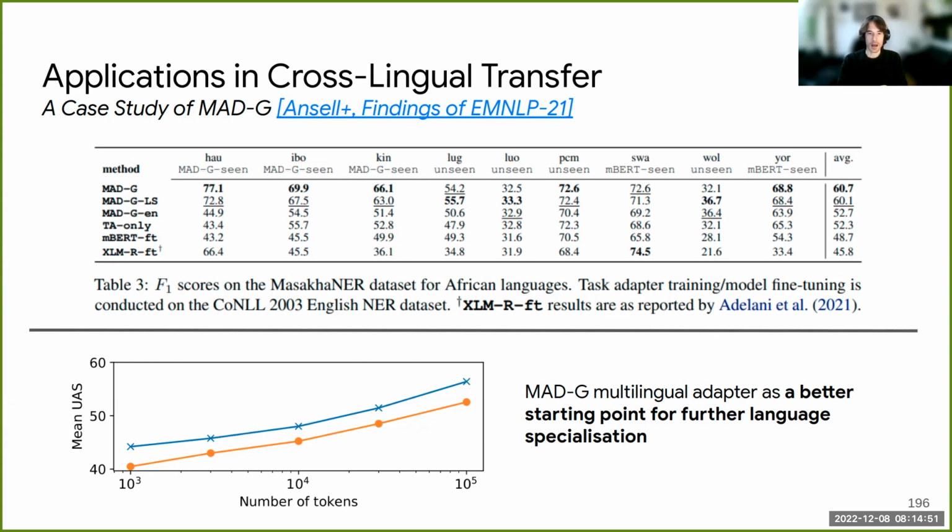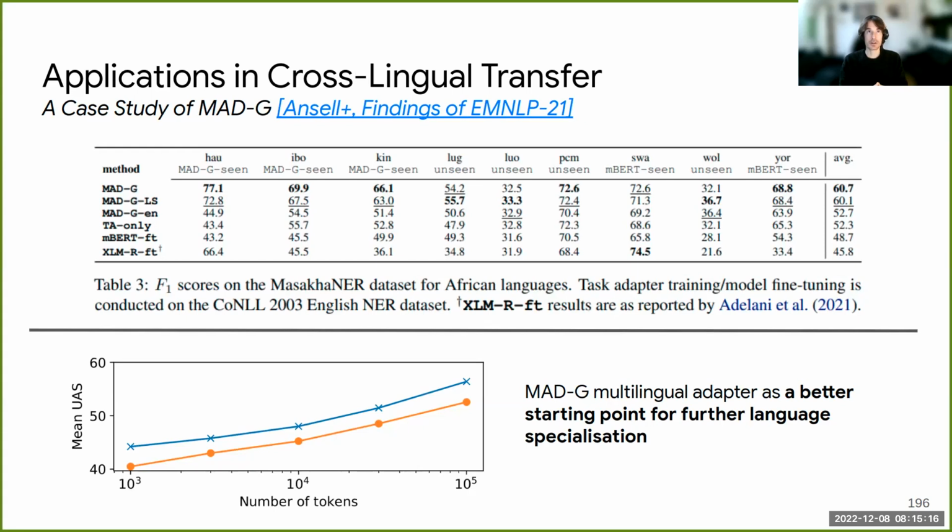languages again. And this figure here is again to illustrate what I just mentioned before, the fact that we can initialize a language adapter from that MAD-G multilingual adapter instead of doing random initialization, which really helps for low resource scenarios where we just have a small number of even annotated text data for the particular low resource language.